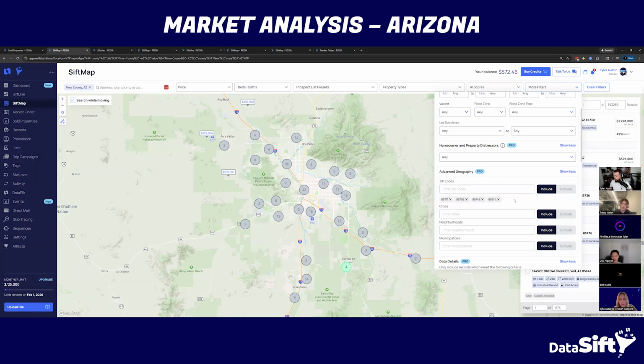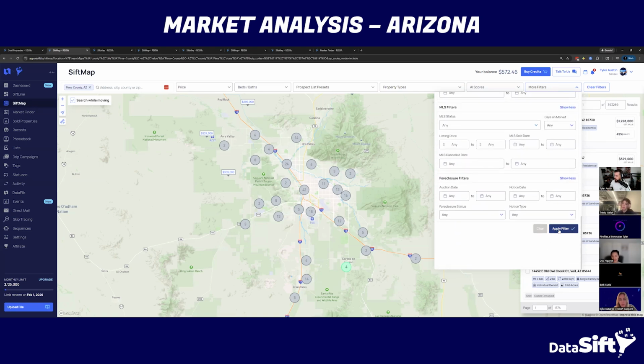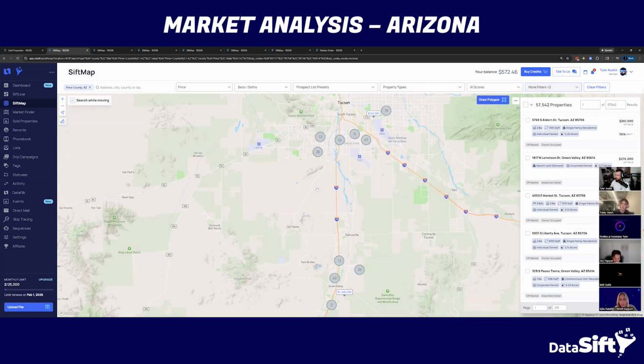Okay, so I'm going to add all those in, and I'm just going to click apply just to narrow me down to just seeing that data set.